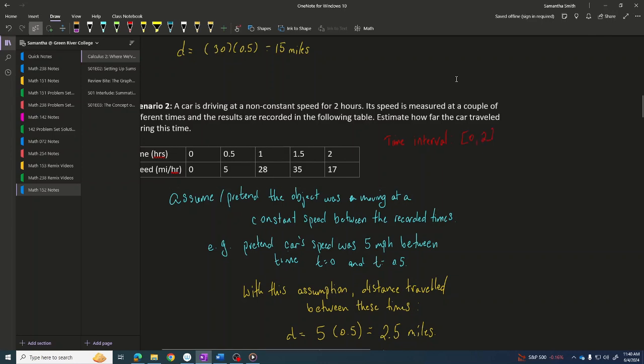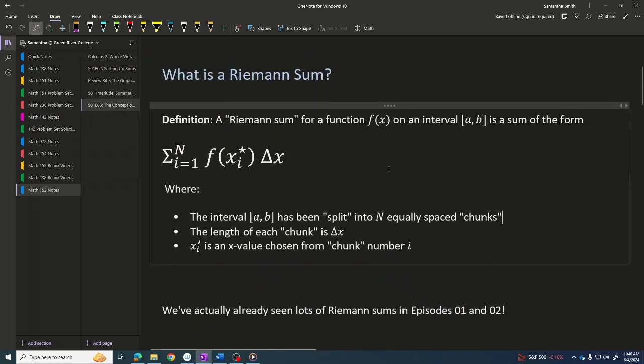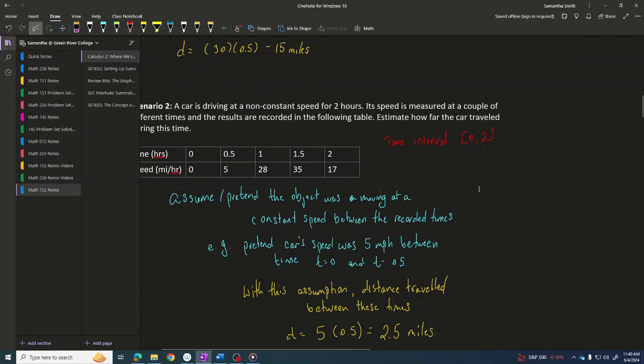So in this case, the time interval from 0 to 2 is what is standing in the place of this generic interval in the Riemann sum, a generic interval here just from A to B. In this example, it was specifically the interval of time from 0 to 2.